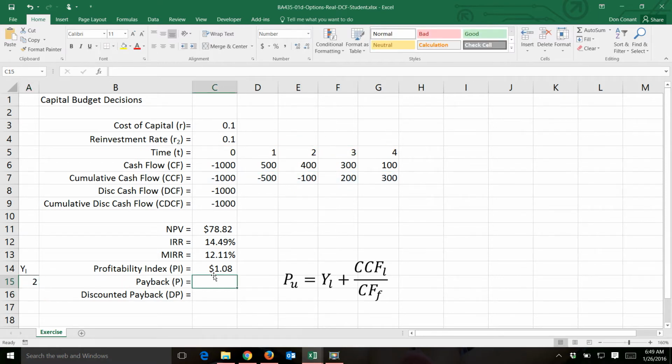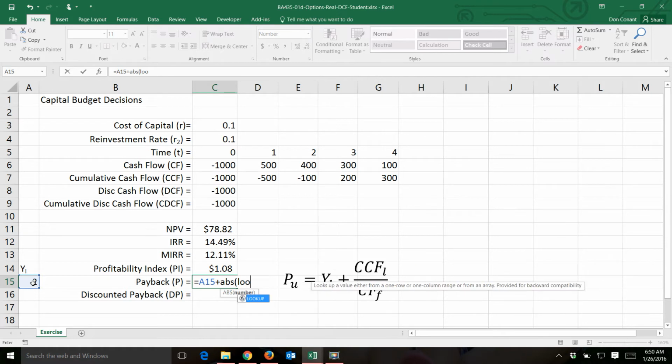Now I want to add to that the cash flow portion from year 3 that's needed to reach break even. So what I'll do here is I'll go ahead and just follow this formula. I'll add, and I'm going to take the absolute value. Talk about that in a bit.